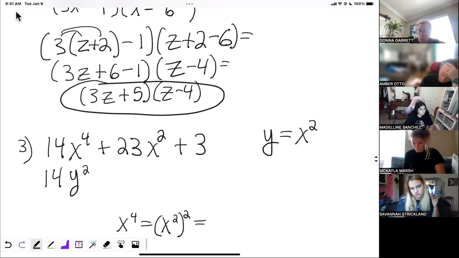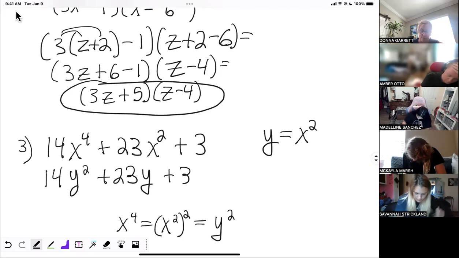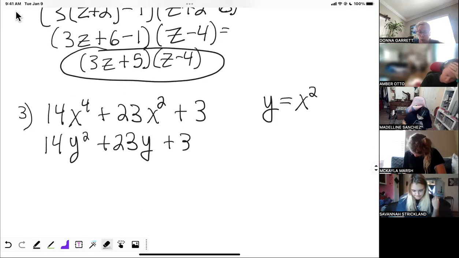And if x squared is y, that makes y squared. Plus 23y plus 3. And now it's something that I can factor because I have a square and I have a y and I don't have a 4th power and a 2nd power. All right, so now we're going to try to factor this.